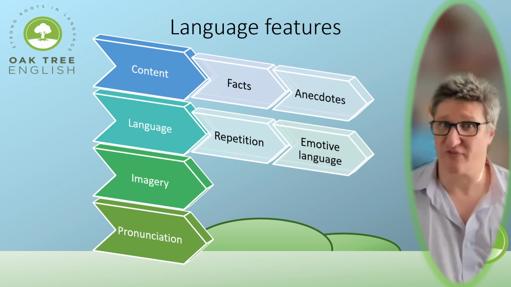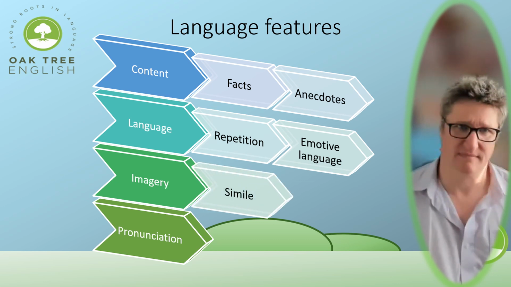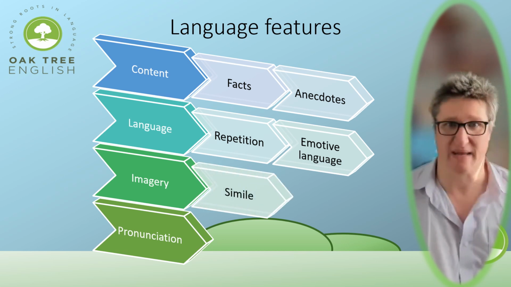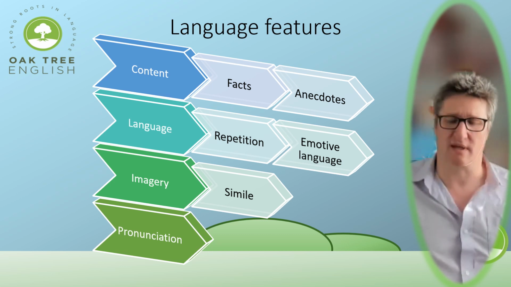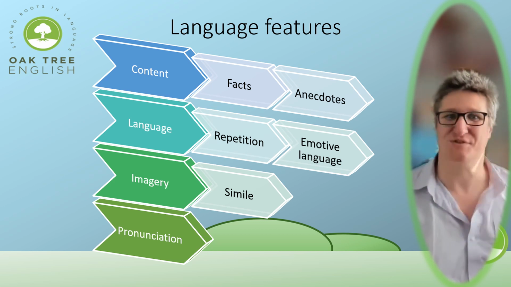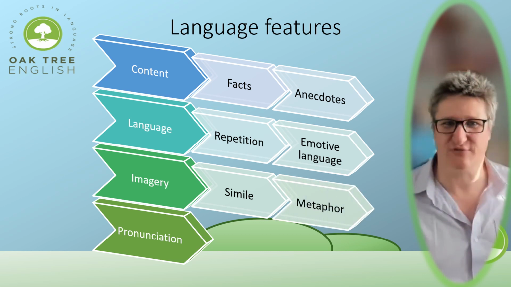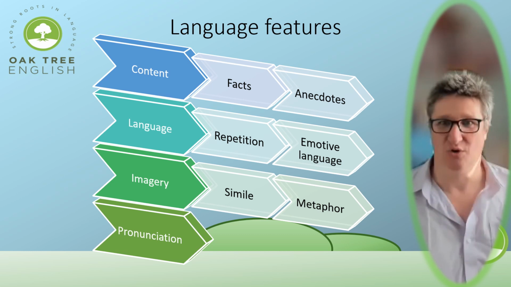The formal use of imagery is most likely to be in the form of a simile, to make direct comparisons between things. However, an informal style allows you to be far more creative and use things like metaphor or personification, or even the pathetic fallacy if you feel so inclined.